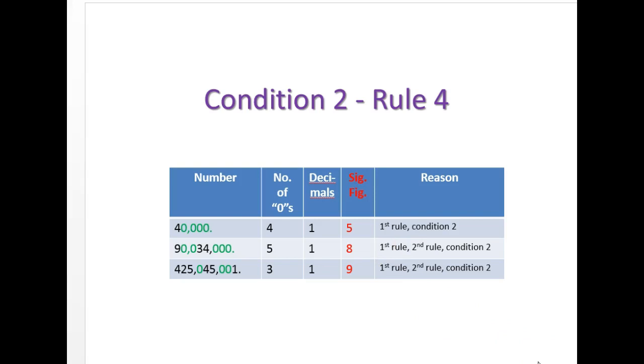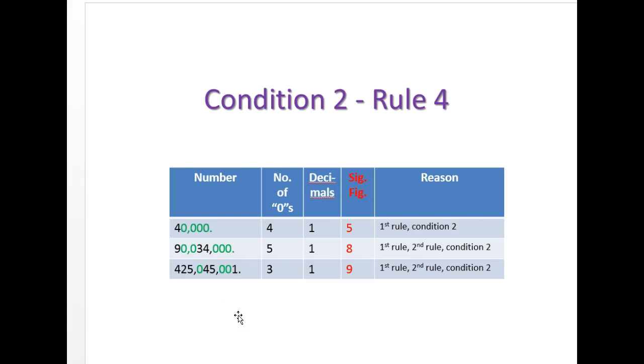The other one, and notice that all the significant zeros I put in a different color so they can be identified easily. In the second one we have all of those zeros being significant, but for different reasons. These two zeros are significant because of rule number 2. These are significant because of condition number 2 of rule number 4.